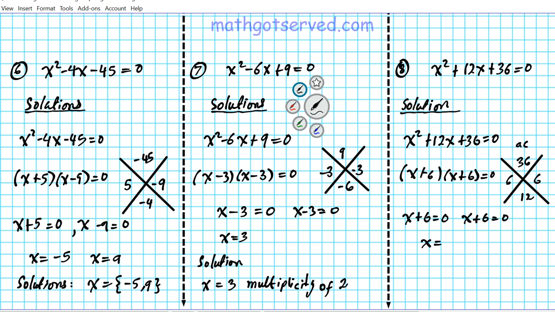Subtract 6 from both sides, you have x equals negative 6. This is known as a double root, alrighty? So our solution is x equals negative 6 with a multiplicity of what? With a multiplicity of 2, because this solution showed up twice in the solution.